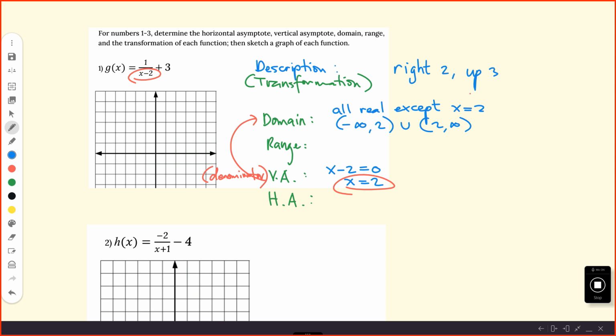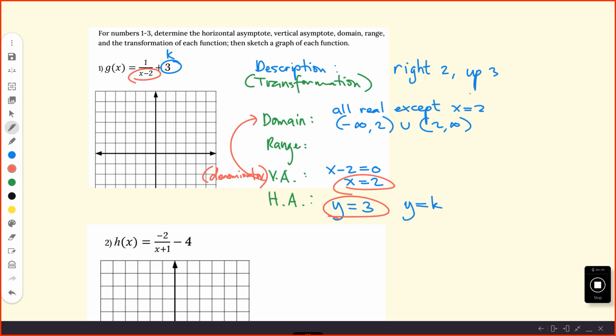Now for the range, what is the horizontal asymptote first? What is your HA? The horizontal asymptote is based on your k value, whatever the number there after the rational expression, right? So if there's no number here, that means the k is 0. But since we have a number 3, that means y equals 3. You always have to write y equals k. Since the k value is 3, therefore the horizontal asymptote is y equals 3.